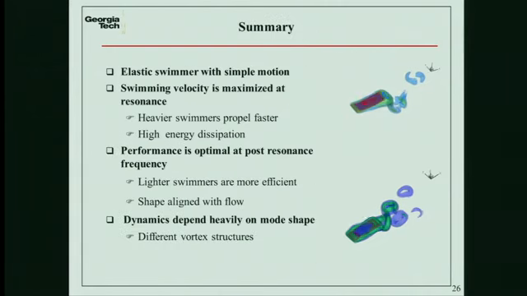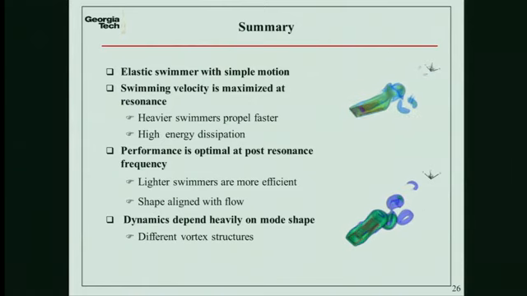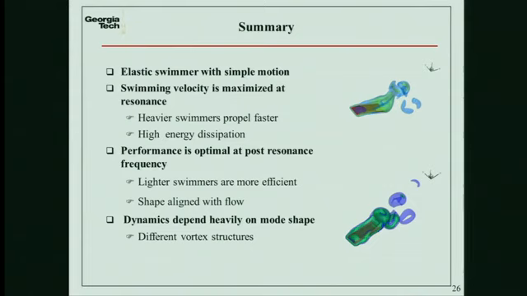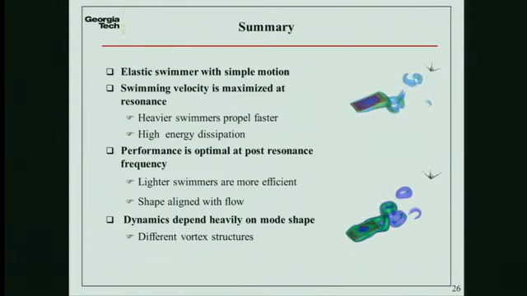Okay, that's my summary. Well, I have another summary. So first of all, we looked at the passive swimmer, and this one we kind of understand how it works, right? So if we want to swim fast, probably resonance is good. If we want to swim efficiently, it is not good, right?